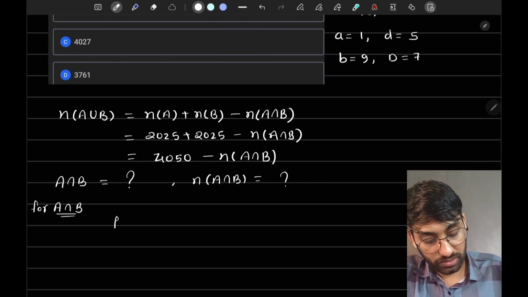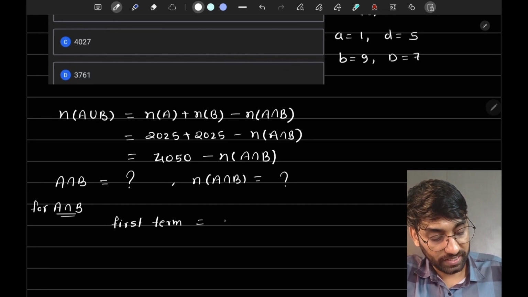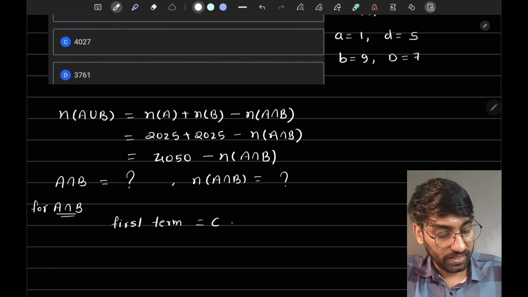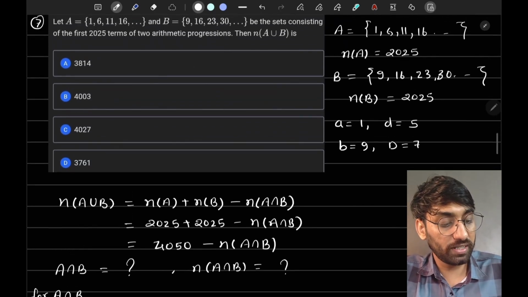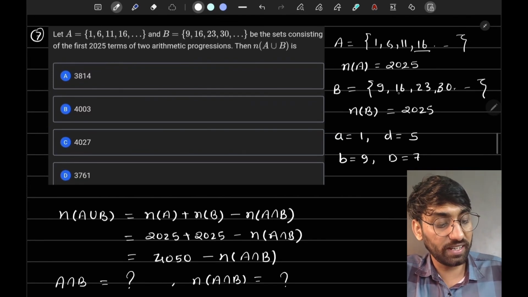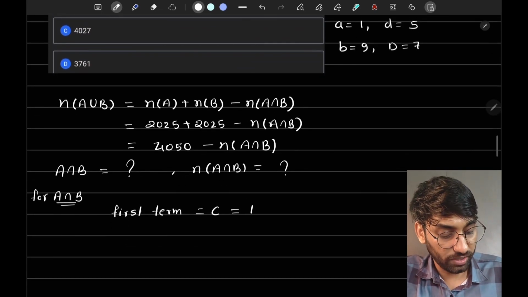For the first term, I will call it C, the first common term. If you closely observe, 16 is the first common term. So 16 becomes the first common term.